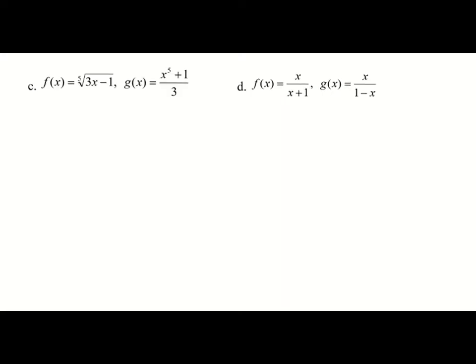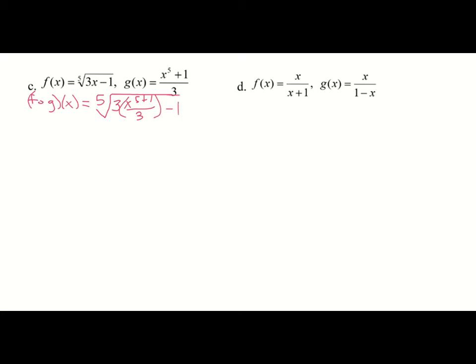All right, let's take a look at C, and we are going to, again, do the composition. We'll do f composed with g of x, and then g composed with f of x. So f composed with g of x: f is the 5th root of 3x minus 1, and instead of x, I'm going to put x to the 5th power plus 1, divided by 3, minus 1.